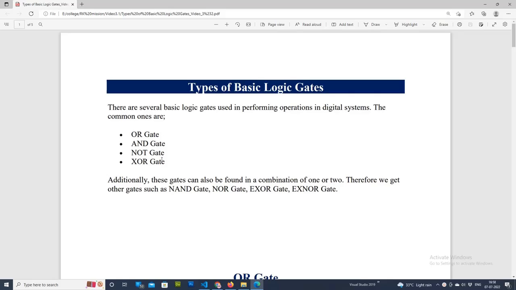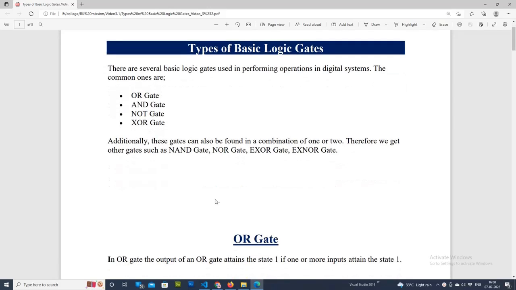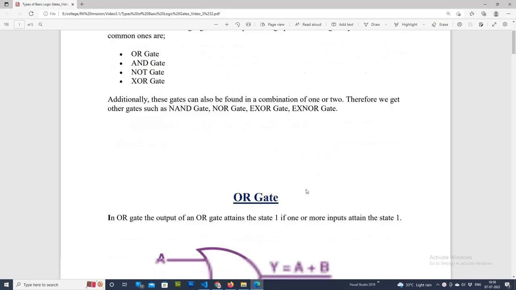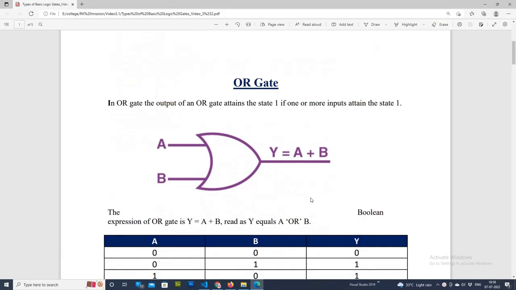The common ones are the OR gate, AND gate, NOT gate and NOR gate. Additionally, these gates can also be found in combinations of one or two. Therefore, we get other gates such as the NAND gate, XOR gate, exclusive NOR gate, etc.